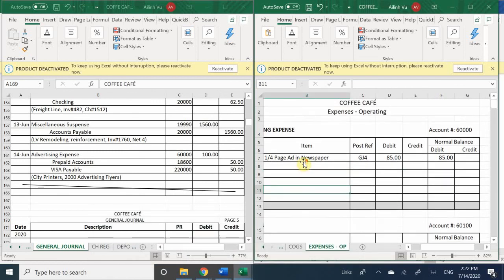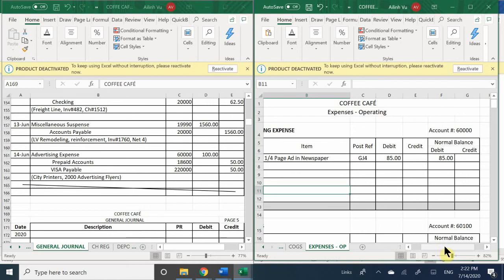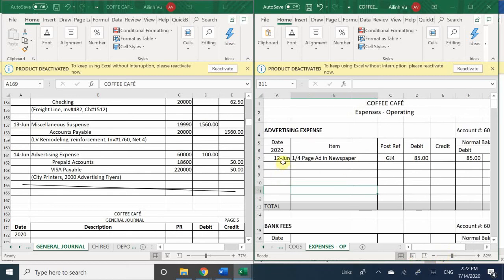Yes. Okay, perfect. So here, I'm going to make the date for the 13th. And it's for 14, oh yes, thank you. 6/14. We picked up all 2,000 flyers.